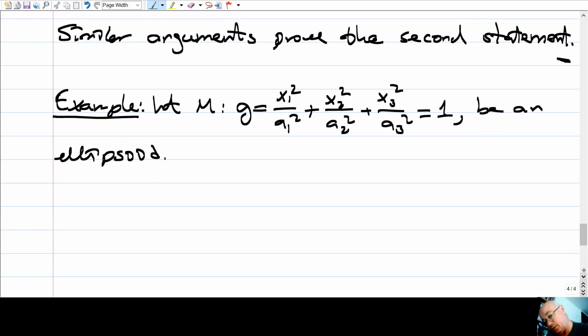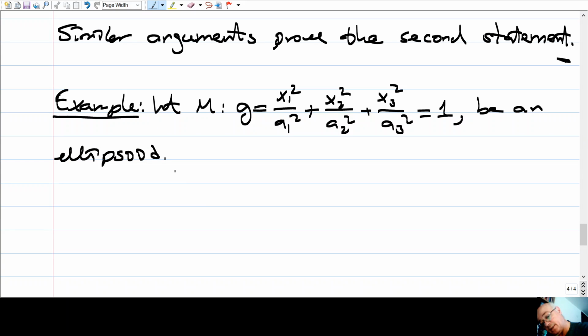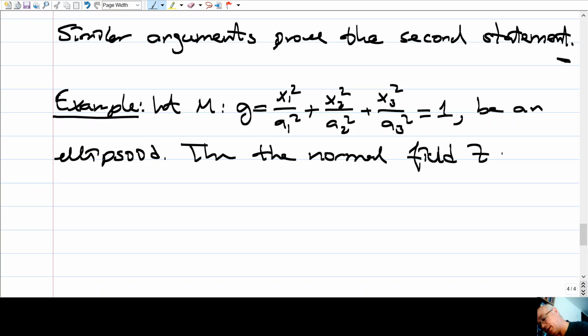Okay, now what is z? Then the normal field z, which is the gradient of g, but we will take not the gradient of g, but half of it, is given.